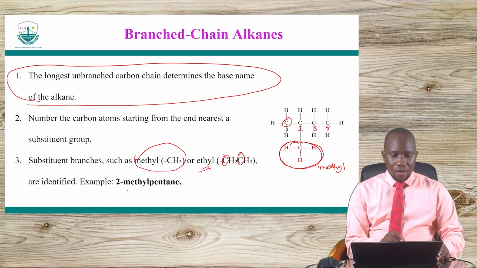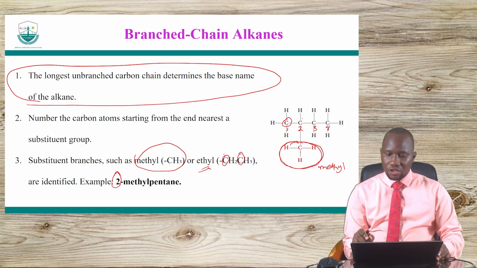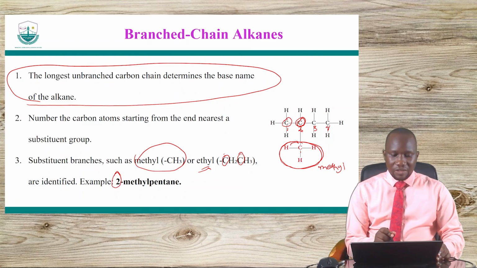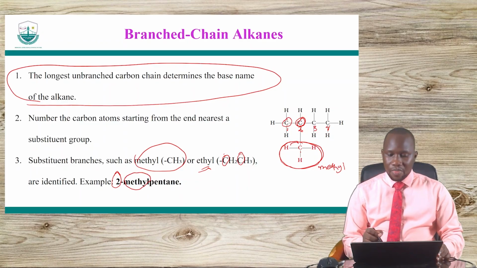So this is the position which we have got, the position of the branch, which is here. It is at carbon number 2. And what has branched is the methyl. So it is here. How many carbon atoms do we have?